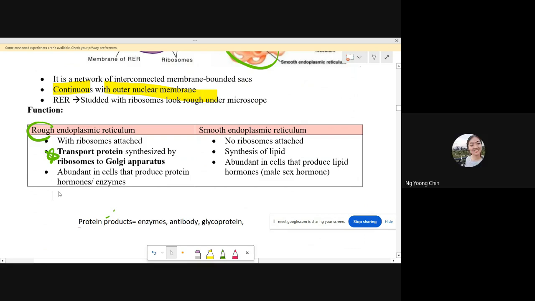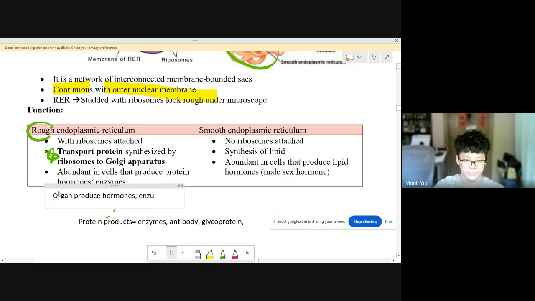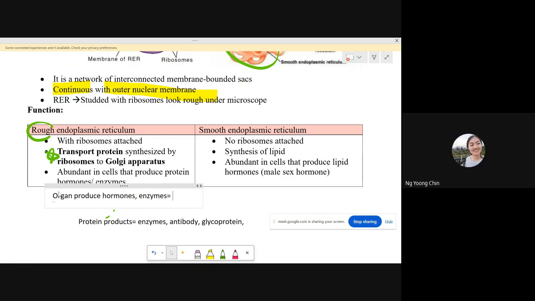Understand? For example, maybe I can let you know what kind of organs produce a lot of hormones and enzymes. It's the pancreas. Have you heard of this before?